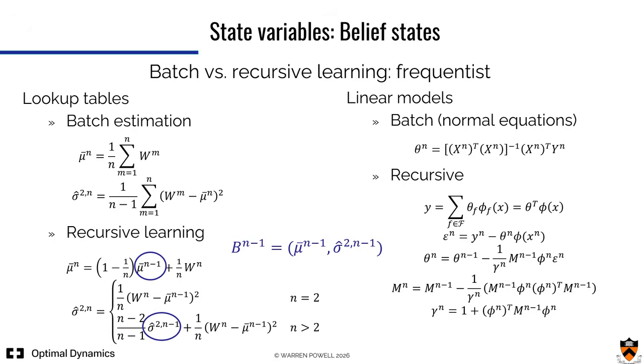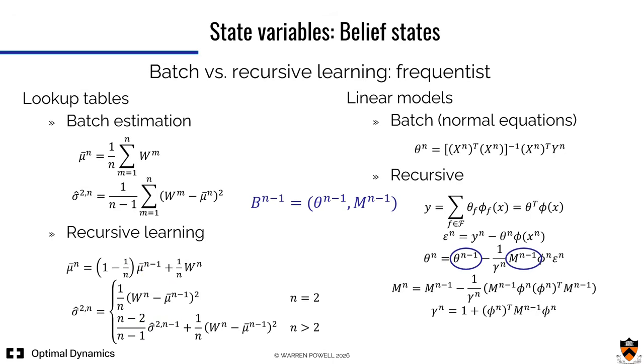When you're doing recursive learning, you can look at the recursive equations and pick out the belief state. So look on the right-hand side and look at the information you know, in this case at time n minus 1, that you need to model the system at time n, and it's mu bar and this sigma hat. If you come over to the linear models, I need to know the prior estimate of the vector theta.